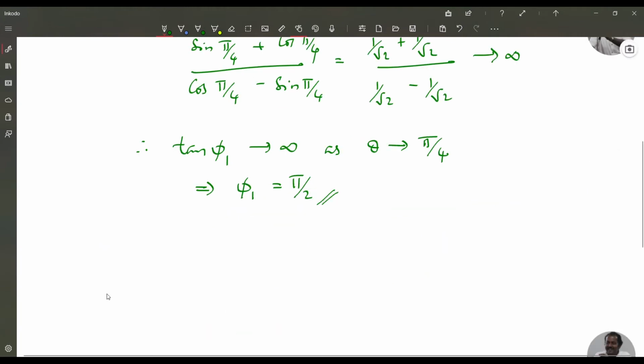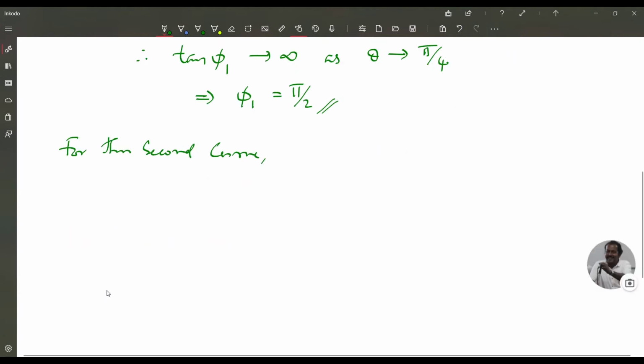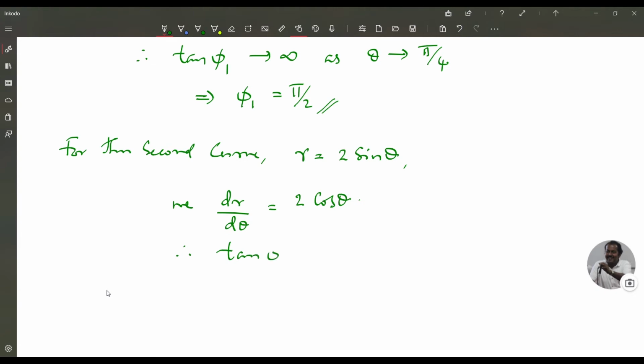Now we find phi 2. For the second curve, r equal to 2 sin theta, we have dr by d theta is 2 cos theta. Therefore tan phi 2 is r d theta by dr, so this is 2 sin theta into 1 by 2 cos theta.